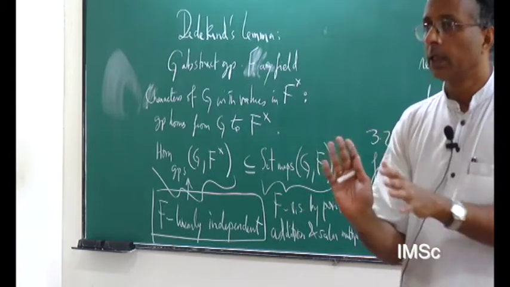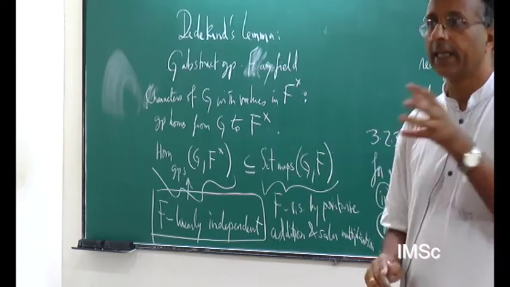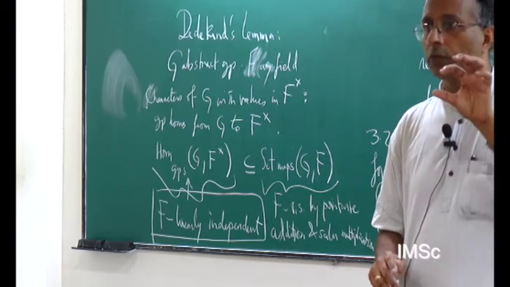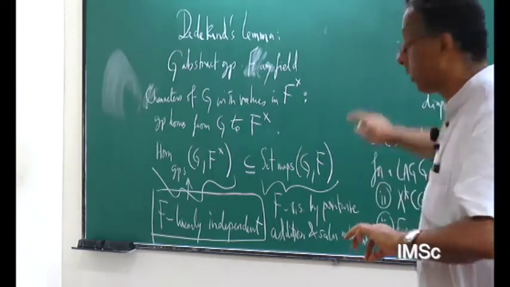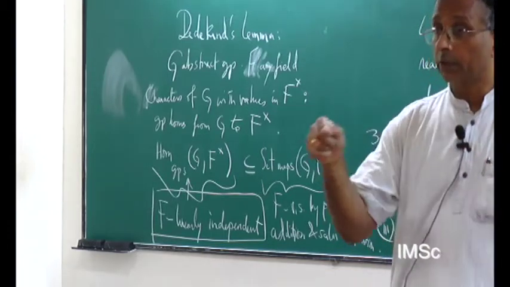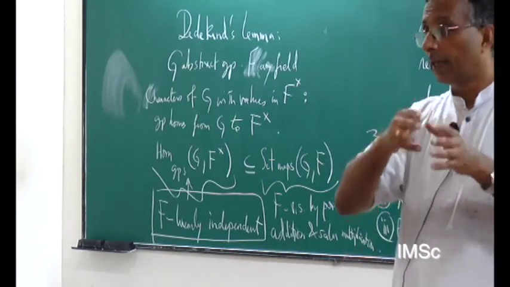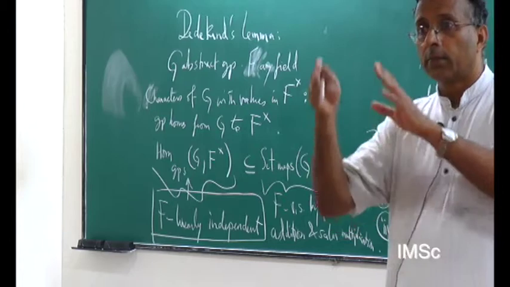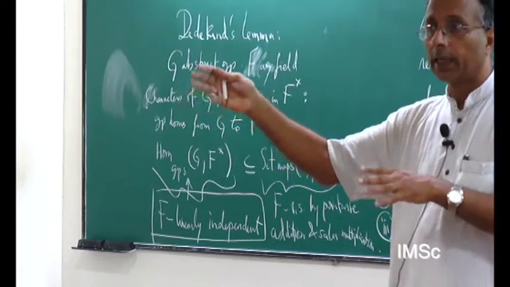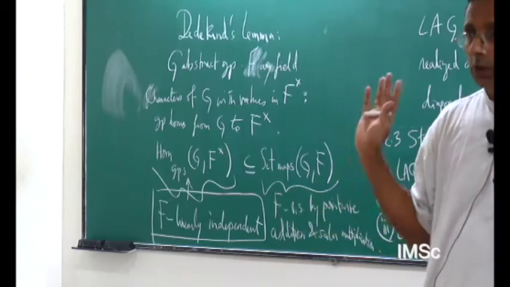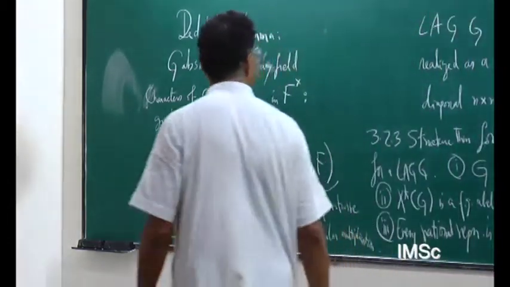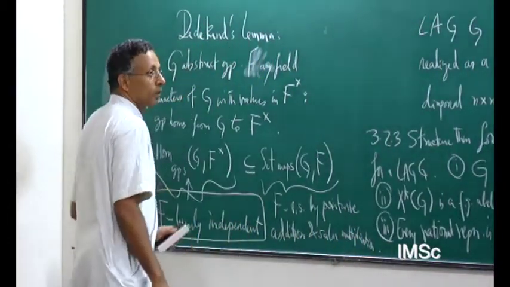So what does this mean? You take any finite number of them, and if you take a linear combination of those elements as elements of this vector space with coefficients from F, and you write a1 chi1 plus a2 chi2 plus dot dot dot an chi n equal to 0, then all the ai must be 0. This is what it means.